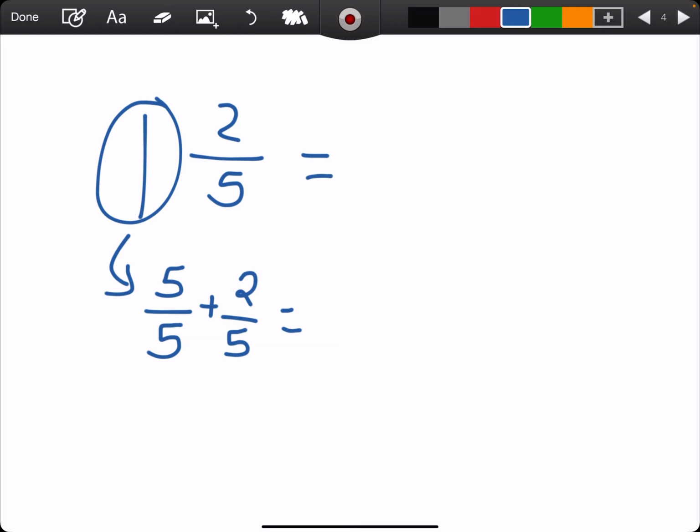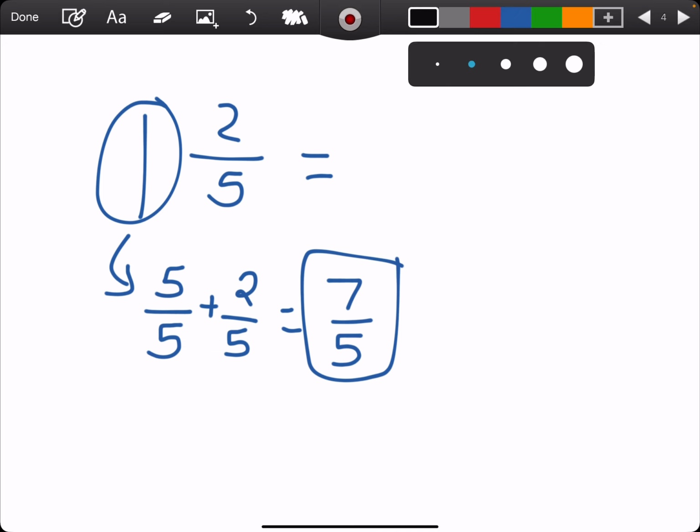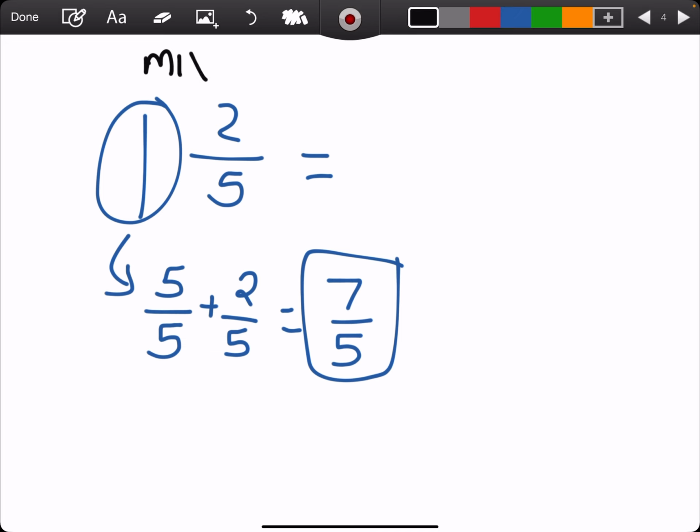What do I get? 7/5. So 7/5 is equivalent to 1 2/5 because 1 2/5 is a mixed number and 7/5 is an improper fraction.